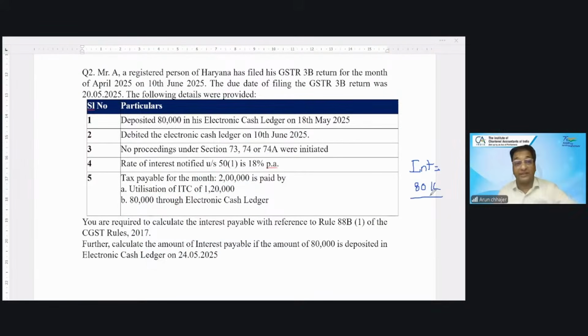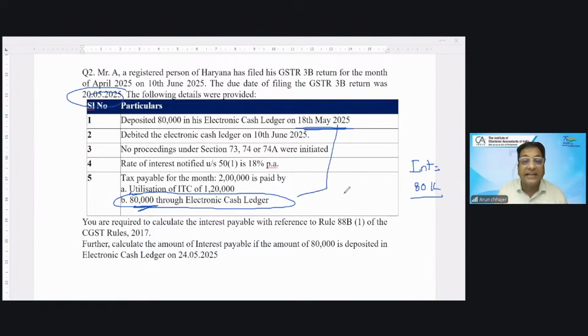Now just wait, because there is an amendment regarding the cash ledger. Interest rule 88B I am talking about. It says that if the liability has been paid before the due date, then before the due date means it was deposited on 18th May, due date was 20th May.